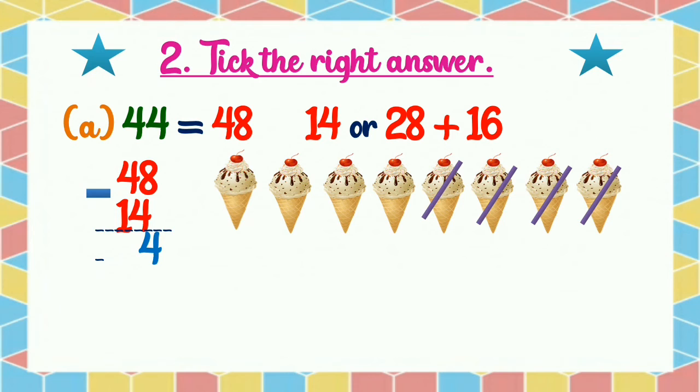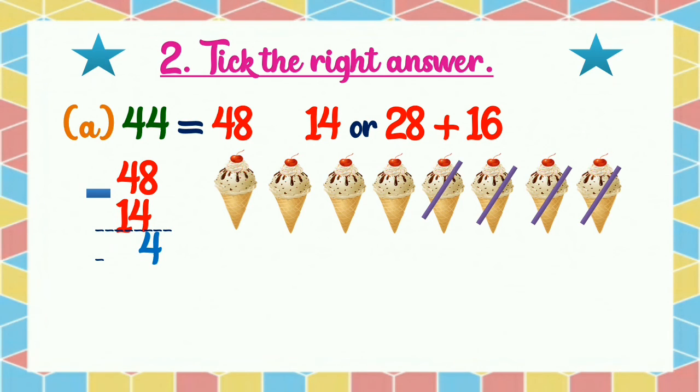How many remain? We count: 1, 2, 3 and 4. So we have 4 ice cream cones.